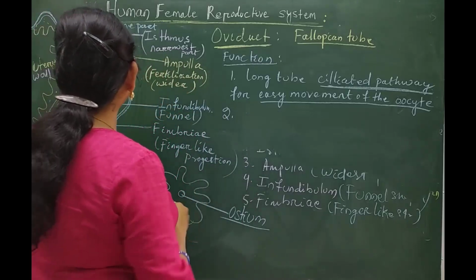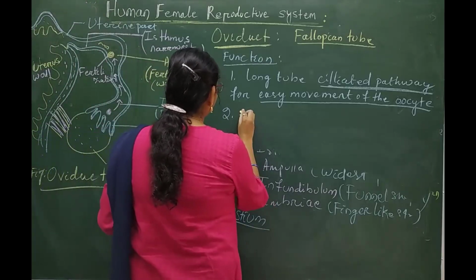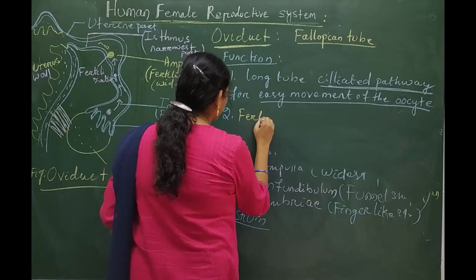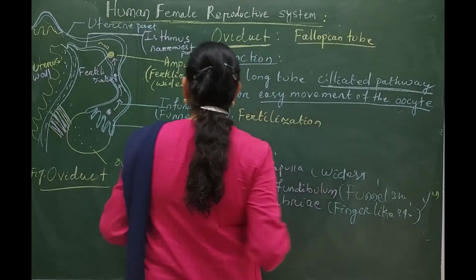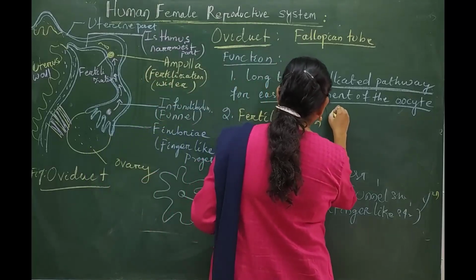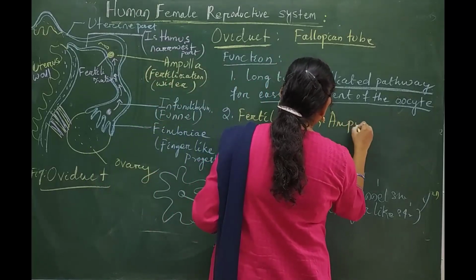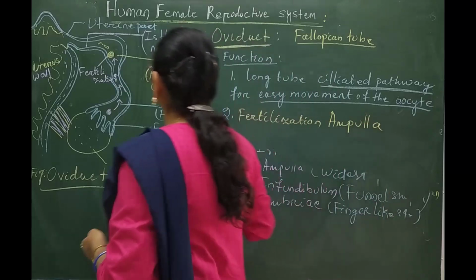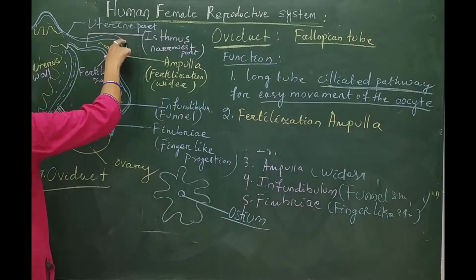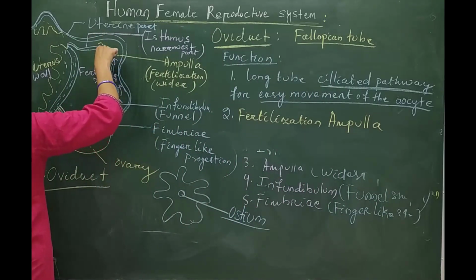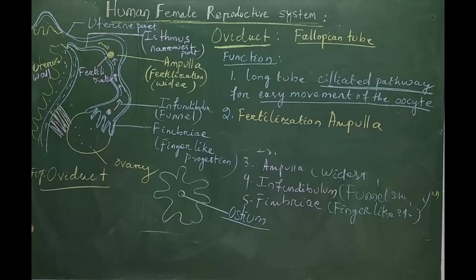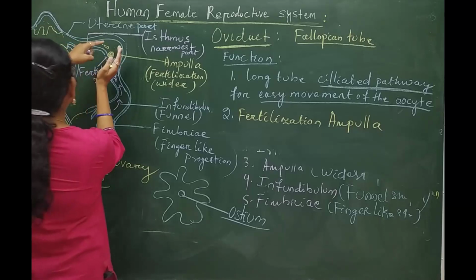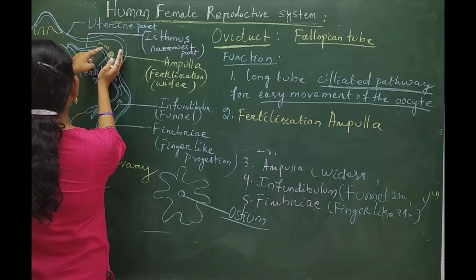Another function of the oviduct is the process of fertilization, which takes place at the wider part of the oviduct, that is ampulla. Here, the widest part of the oviduct, the fusion of male and female gamete takes place, and the zygote is produced at the site of the ampulla.